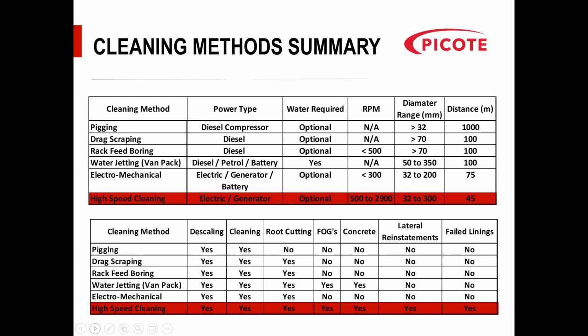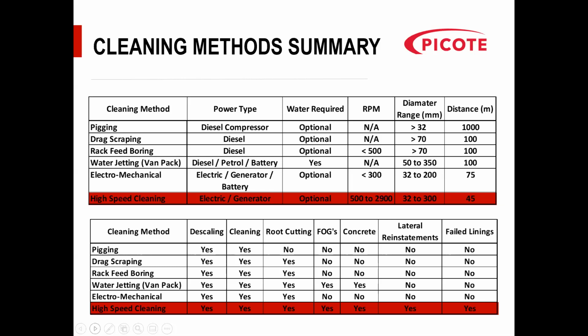I say they are, in some parts of some countries now, sold as waterless cleaning methods. Your normal rack feeding boards rotate at less than 500 RPM, your electromechanical traditional under 300 RPM. And I say the high speed run between 500 to 2,900. So when you start getting up to those speeds, they just obliterate everything in the path, but they do not damage the pipes.